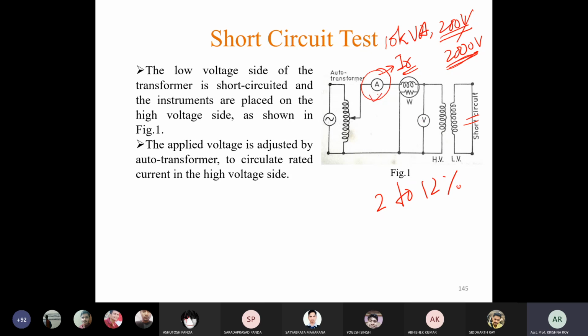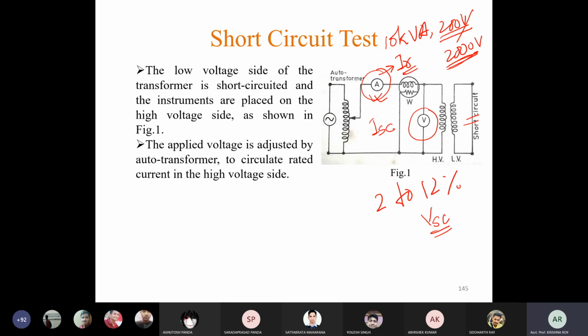This ammeter will read rated current and voltmeter will read whatever voltage we have applied. Correct? Yes, sir. So normally we call this current as short circuit current, ISC, and this voltage is called short circuit voltage, VSC, because we are performing short circuit test.